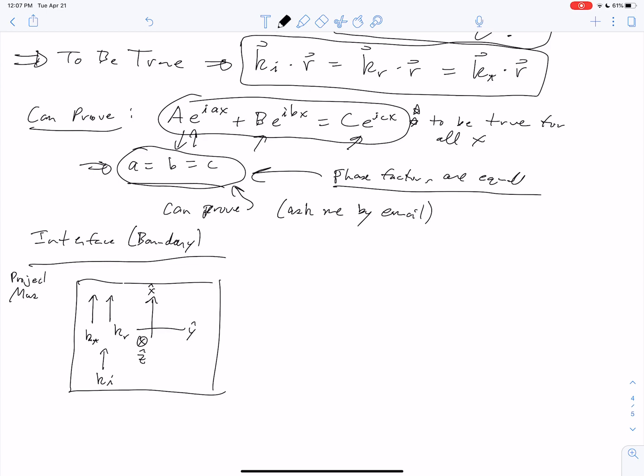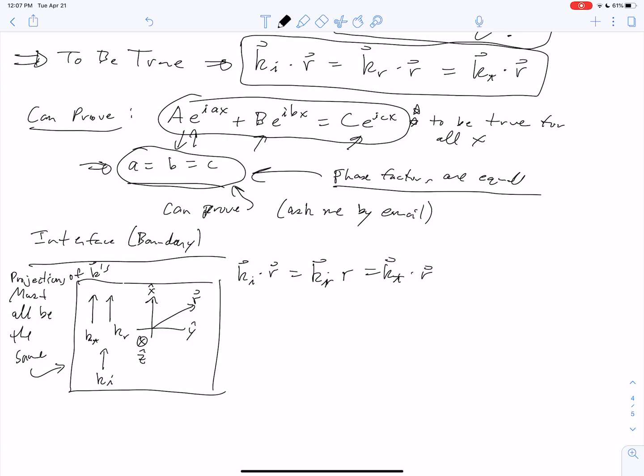The projections of the k's must all be the same. And that comes from this. You can prove it yourself because look, this is the r vector, and I have ki dot r equals kr dot r equals kt dot r.